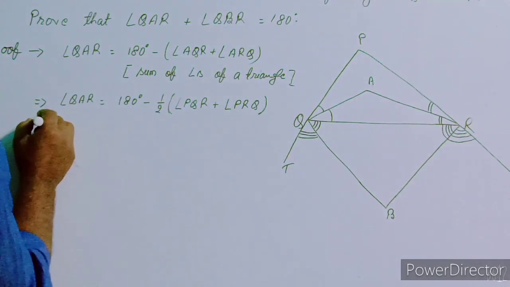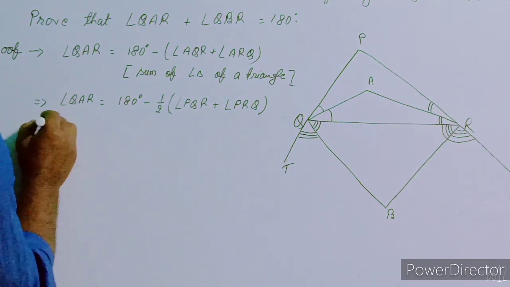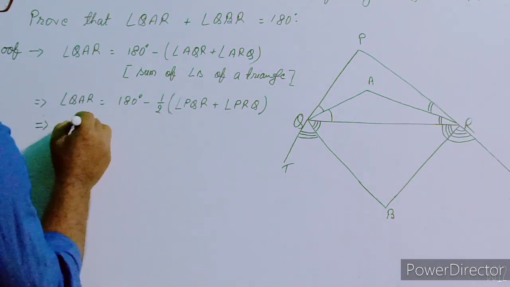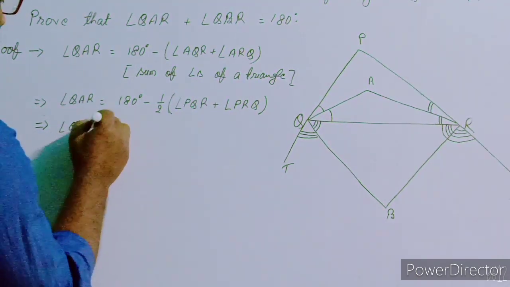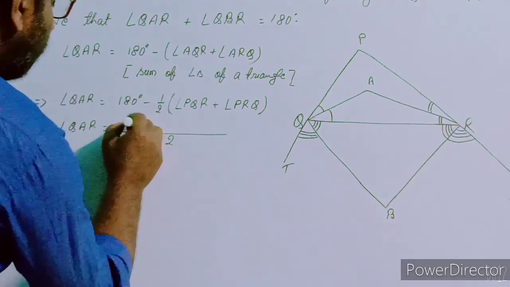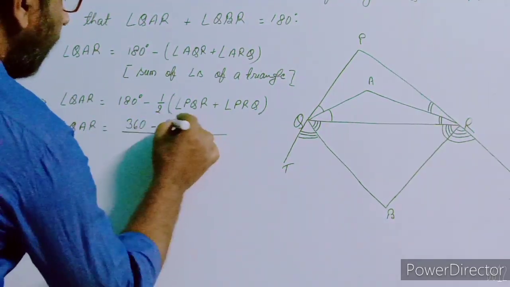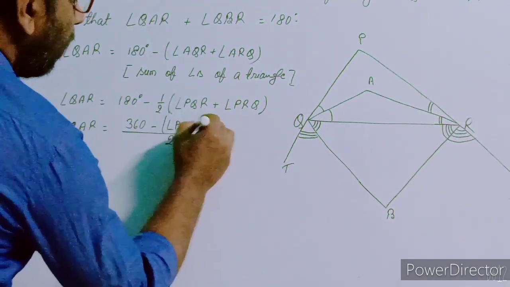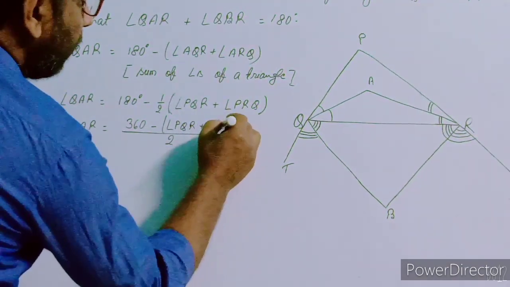And we can solve it as angle QAR. This became 2 is LCM. Here is 360 degree minus angle PQR plus angle PRQ.